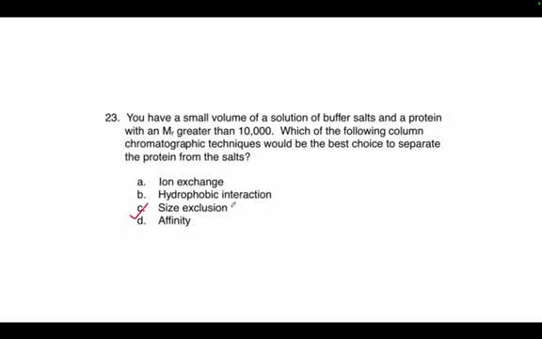Size exclusion chromatography with a low molecular weight cutoff is also called desalting. Because the buffer ions have to pass through all the pores. If you have a matrix with very small pores, the ions have to pass through all the pores, but your protein is excluded from the matrix and is actually going to elute in the void volume. So it is going to be separated from the salt.